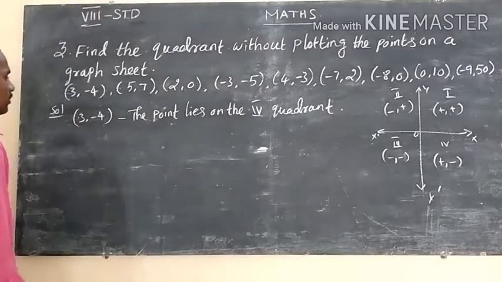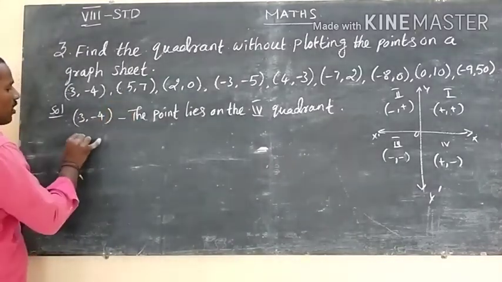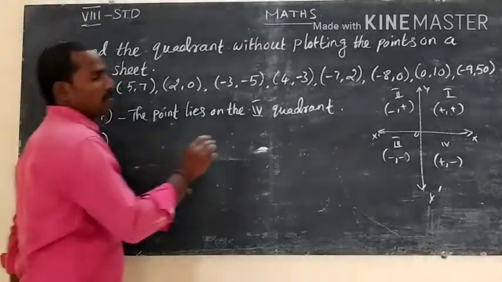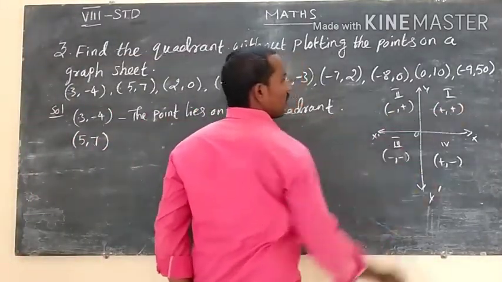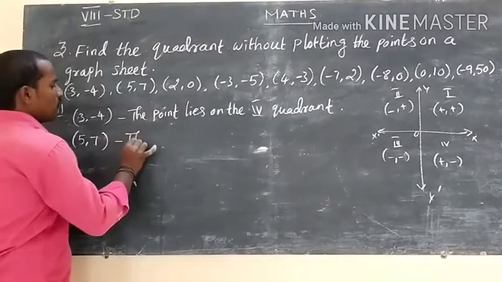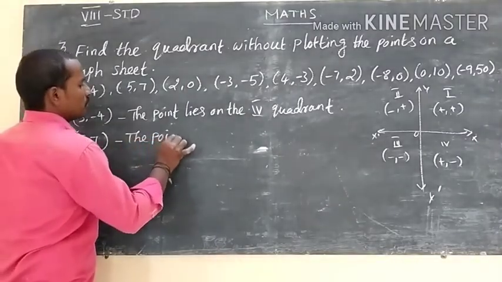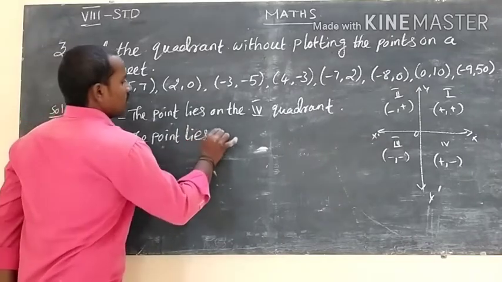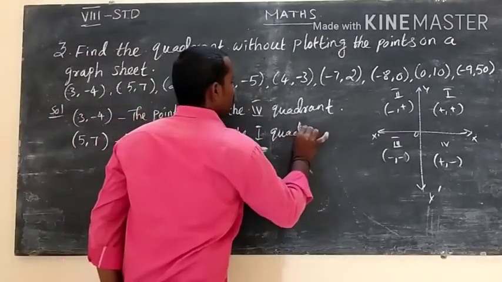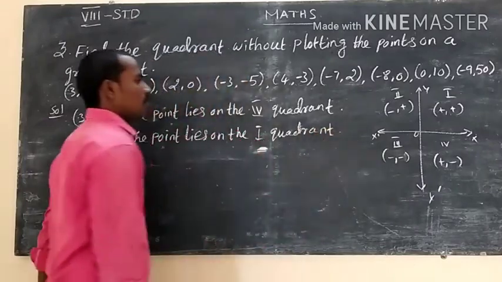Okay. Then consider another point, (5, 7). The two signs are plus. So plus comma plus is which quadrant? This is the first quadrant. So the point (5, 7) lies in the first quadrant. Understood?